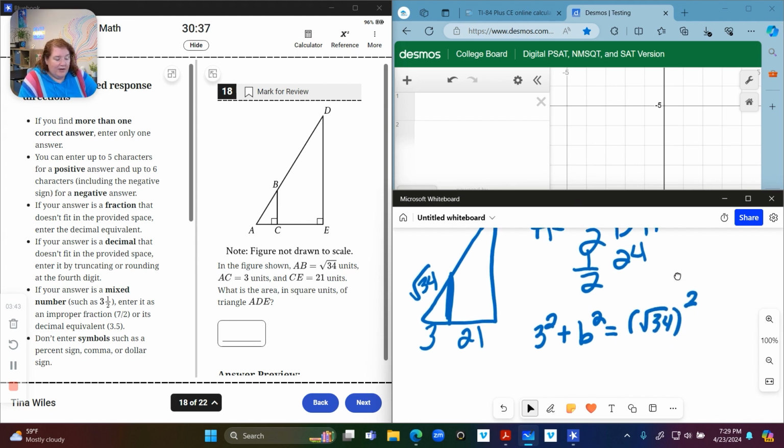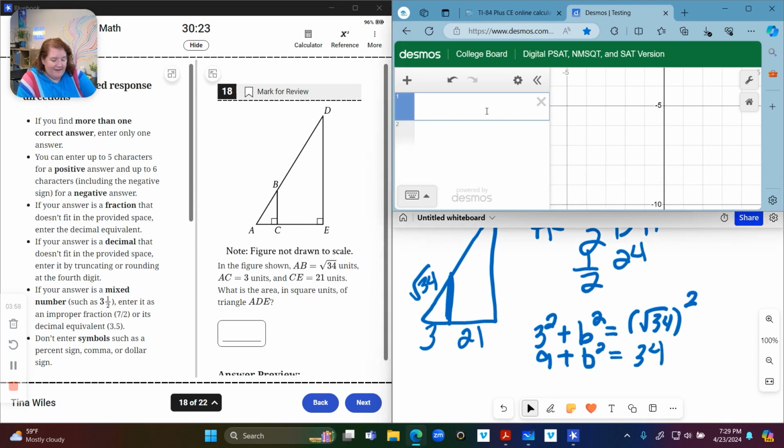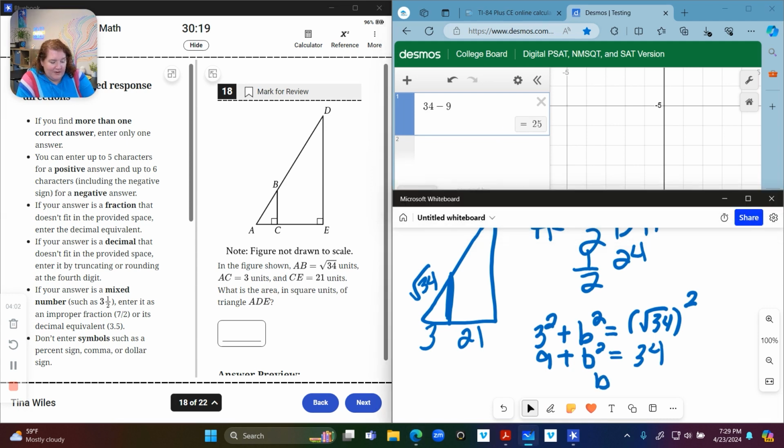So this would be 9 plus b squared equals 34. 34 minus 9 is 25. B squared equals 25. The square root of 25 is 5. That means this is 5. Okay, now I know the height of that side of my triangle.